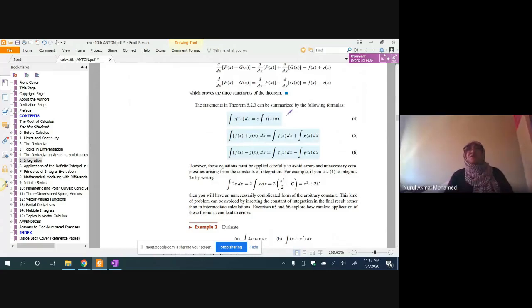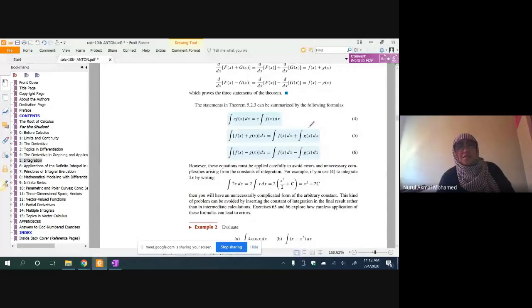And then we have several formulas regarding integration here. If you have a constant c under the integration sign, you can always take out the constant c. And then if you have a summation between functions f and g, you can segregate the integrations into integration of f plus integration of g.